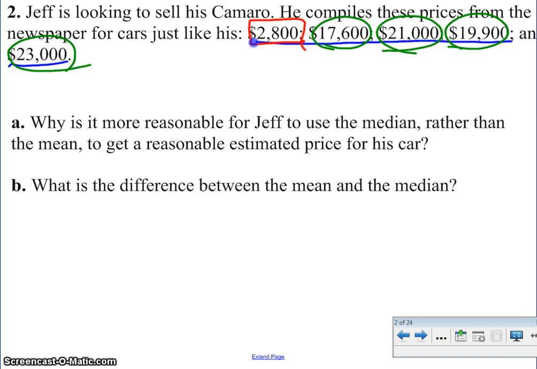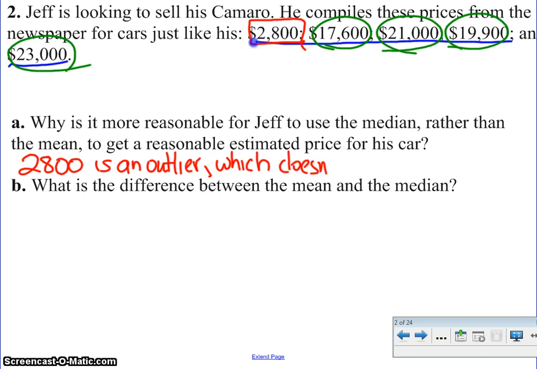So it would be known as an outlier. So the answer to this question is the 2,800 is an outlier, which doesn't impact the median. So that's why you would use the median instead of the mean, because it is not impacted by outliers.